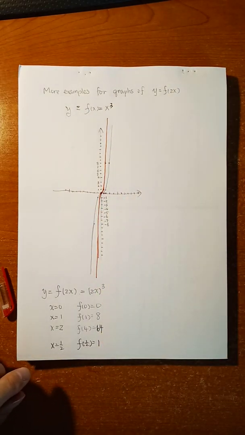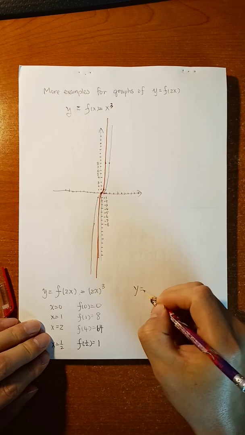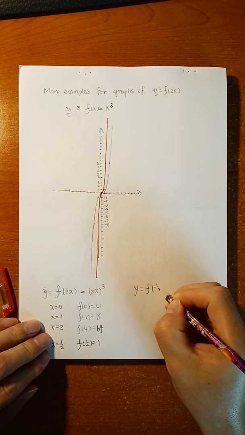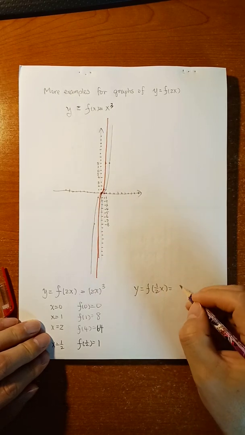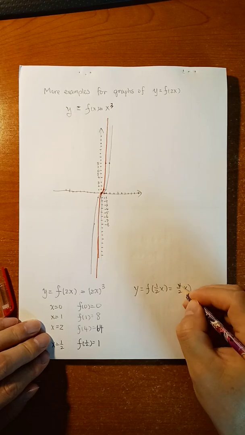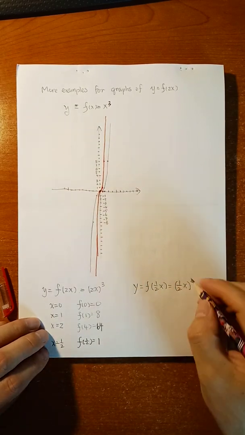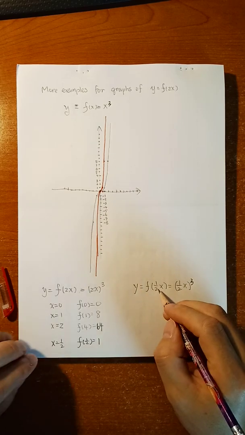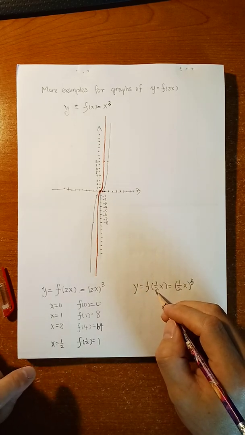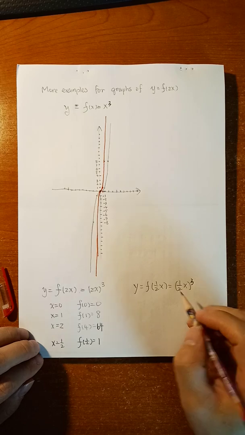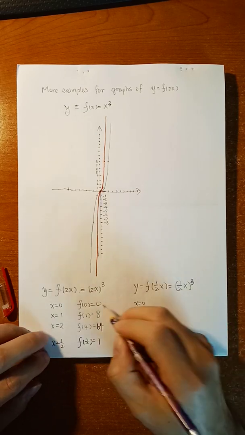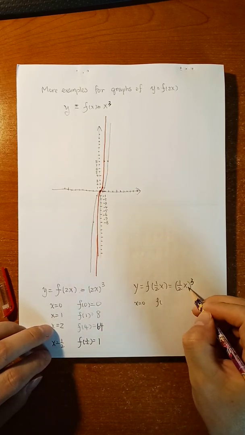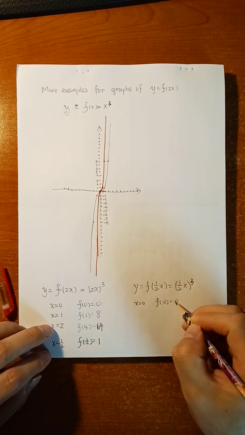Let's check another one. Cubed. As if we have 1/2 here, then let's check. When x is 0, 1/2 times 0 is 0. Cubed is still 0.